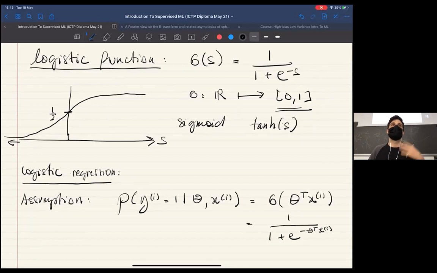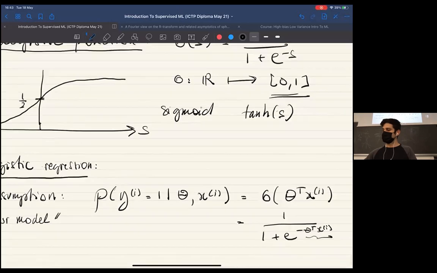So this is our assumption. This is our model. Okay. So you see, we assume again, as for the perceptron and as for linear regression, a linear relationship here between the features and our vector of coefficients.